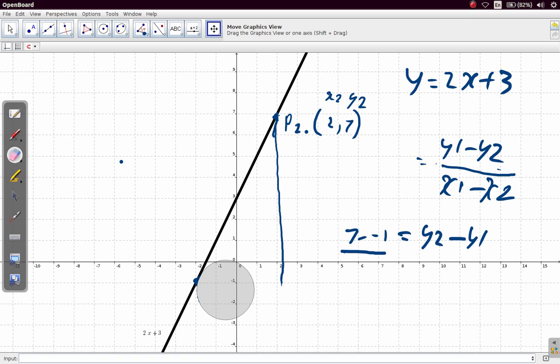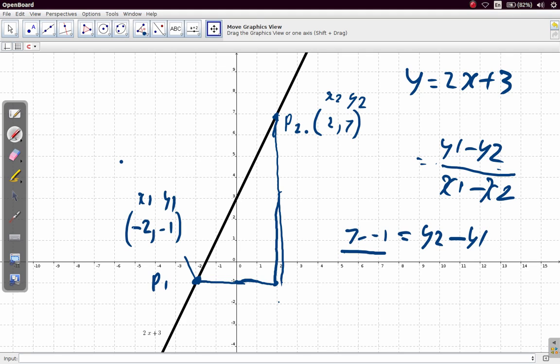This is point 1. I went a bit off, trying to keep my hand straight. If this is point 1, then what you have right here is (negative 2, negative 1), which is (x1, y1).